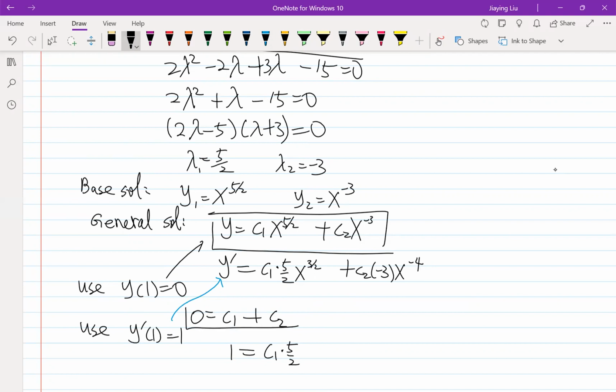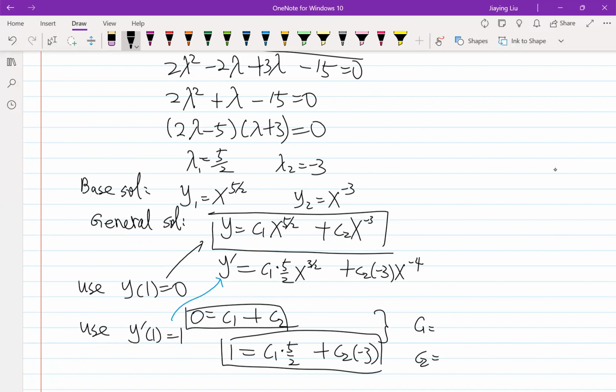Well, let me box this. That's from the previous condition. Now it's a new one: 5/2 times 1 to the 3/2 is still 1, plus C2 times negative 3. So this is the second equation. And if we solve this, we should be able to end up with C1 and C2. I'm being a little bit lazy.